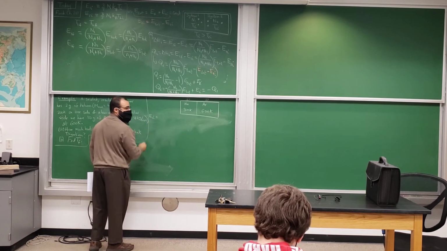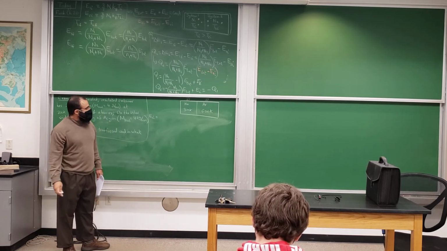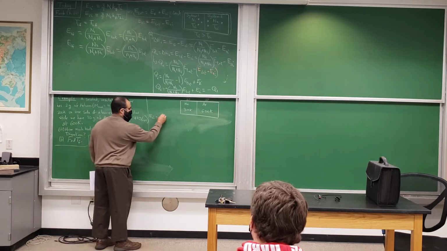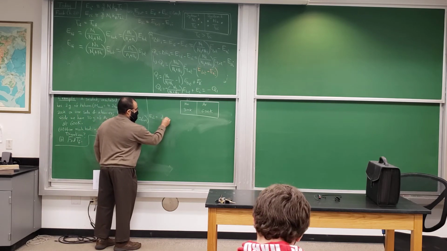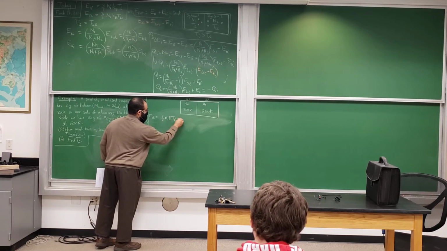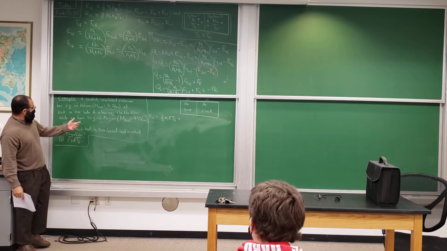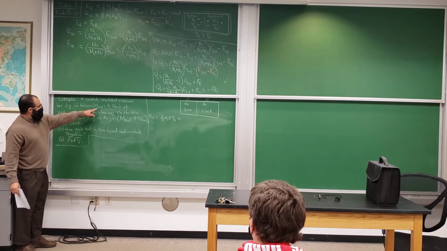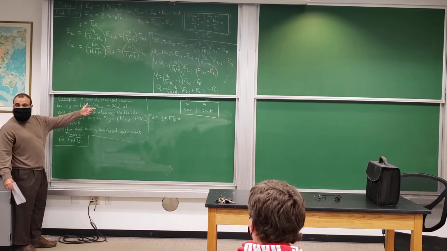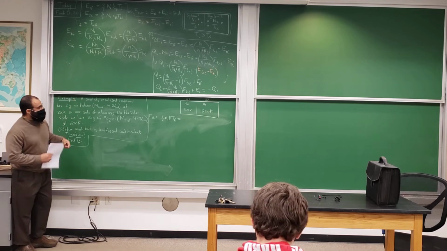will be 3/2 NKT, but since I have the number of moles, I'll put nRT. So 3/2 N1 times R times T1 initial. Now, the number of moles, you can put the mass over the molar mass, and you get 0.5.